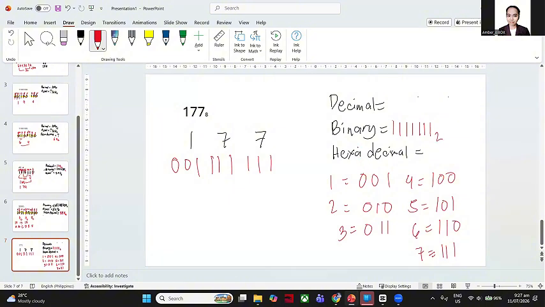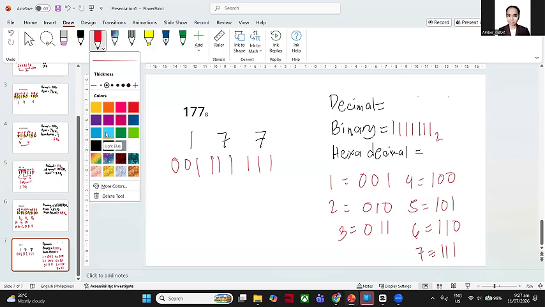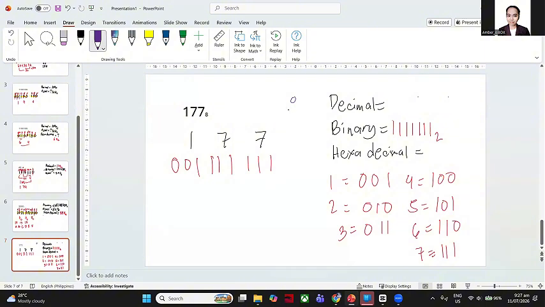Okay. Next, decimal. Let's change color to violet. So remember, in our decimal, we have 1, 2, 4, 8, 16, 32, 64, and so on, until we reach the 0.